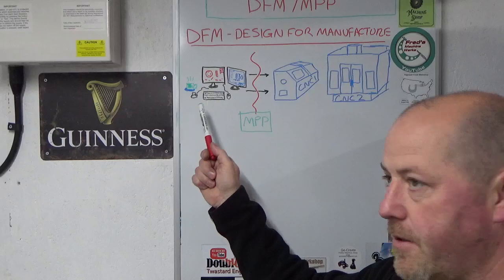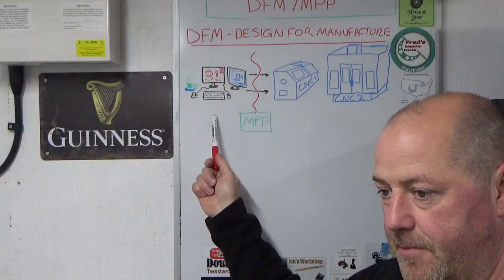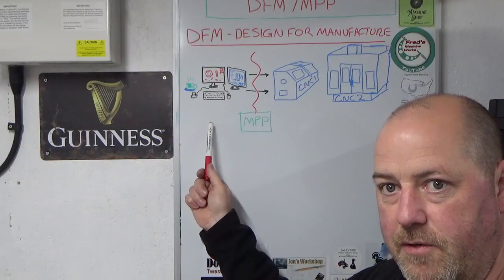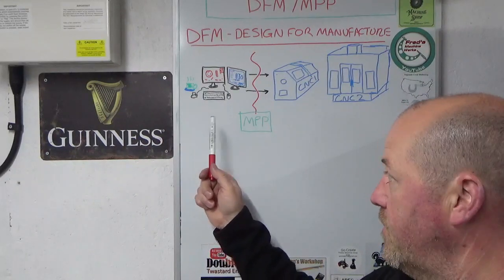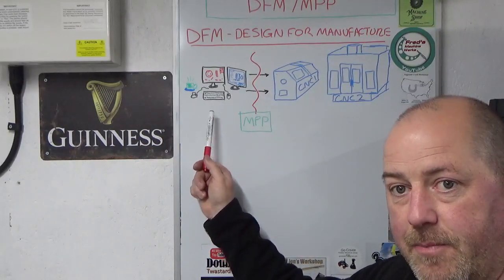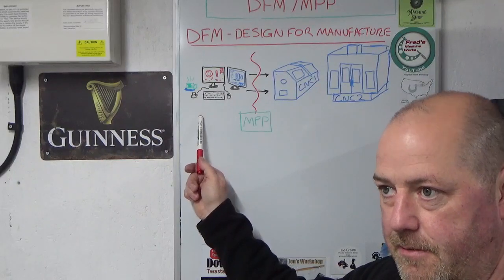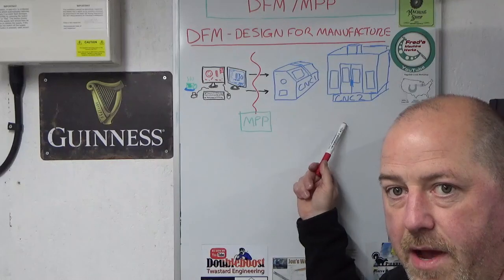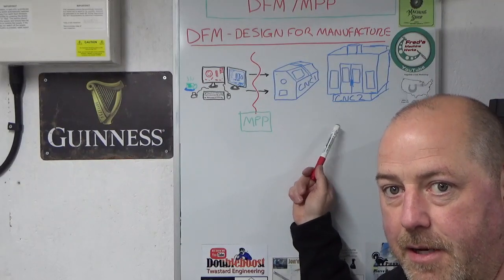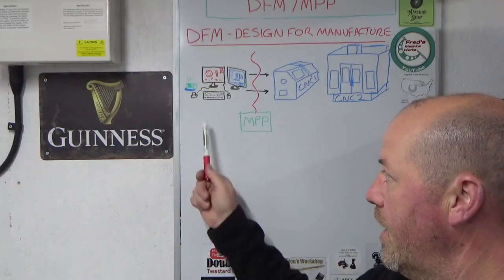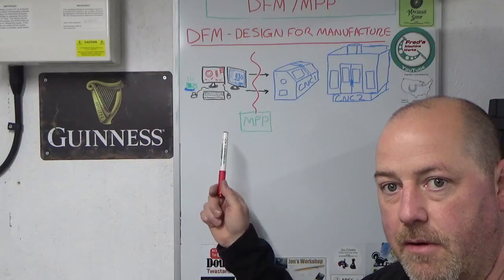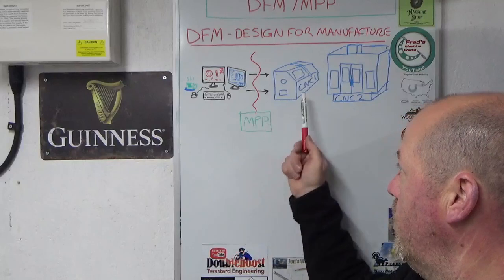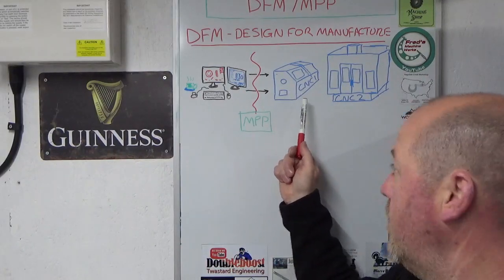Now typically, and this is my observation from working in several large industries and smaller industries as well, the guy that works in this space, other than his university or college education, has rarely worked in the workshop space, and similarly the guy in the workshop has rarely worked in the design space. So when the designer is designing stuff, he really doesn't know what the limitations of this lathe and this milling machine are.